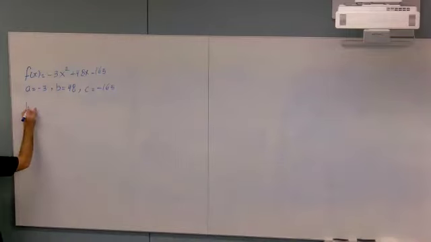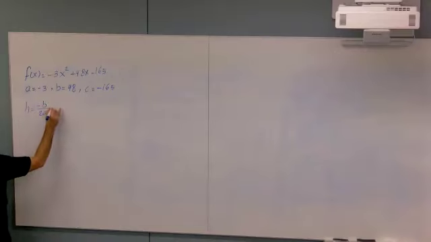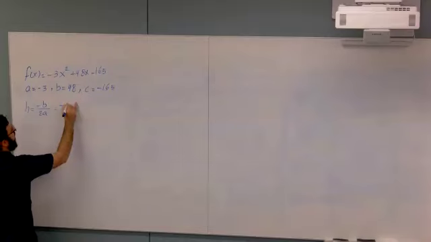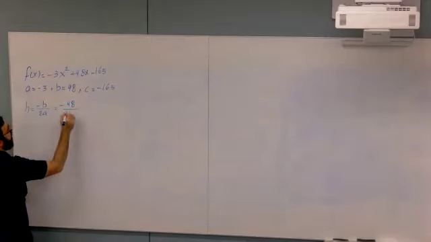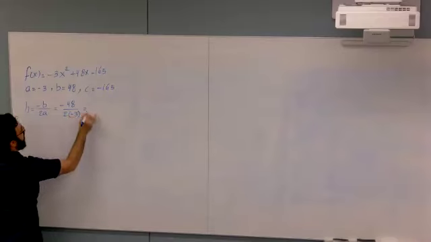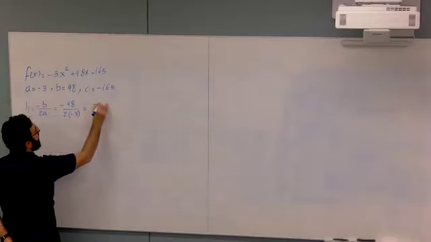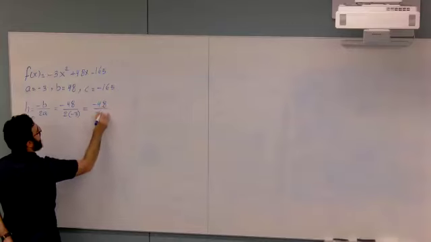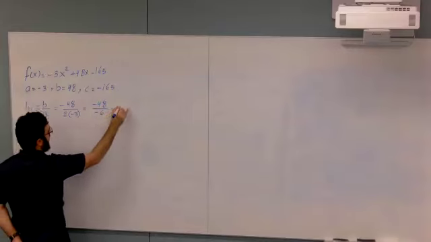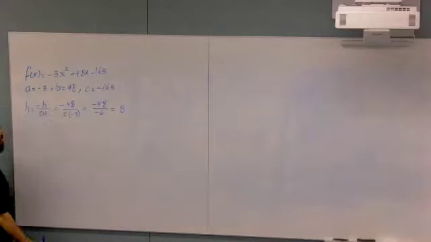In this case, h is going to be equal to negative b divided by 2a, equal to negative 48 divided by 2 times negative 3, which is negative 48 divided by negative 6, which is 8.